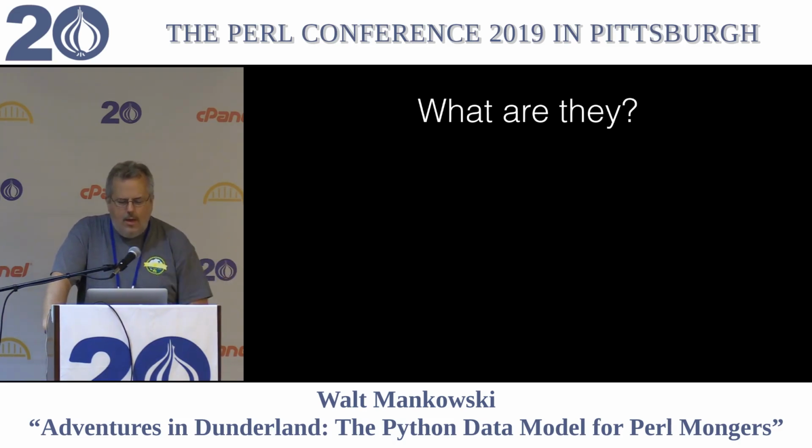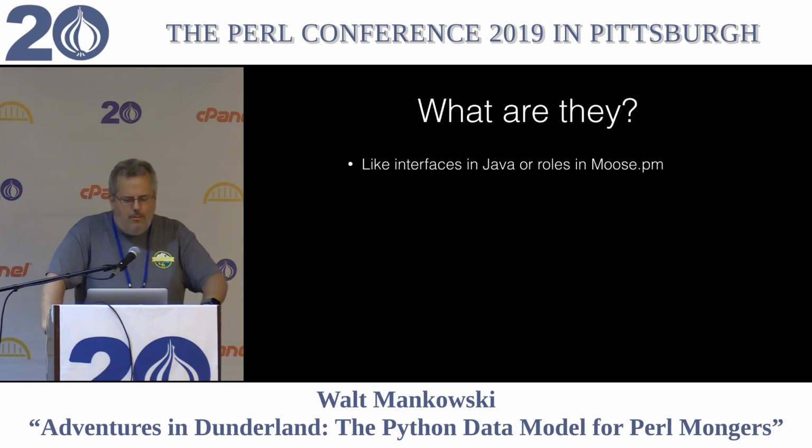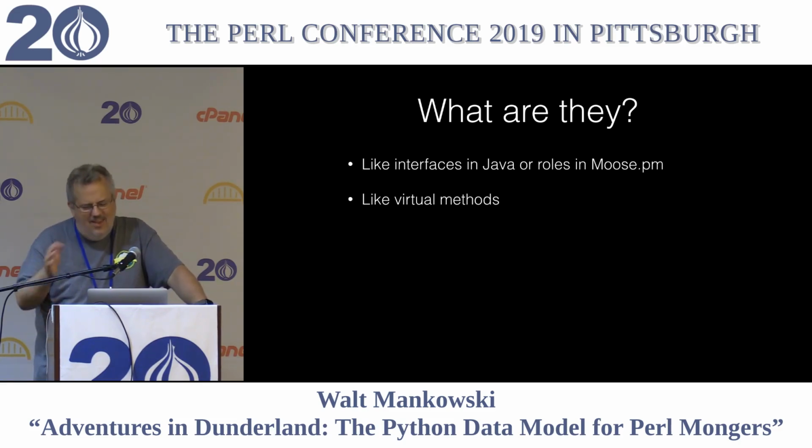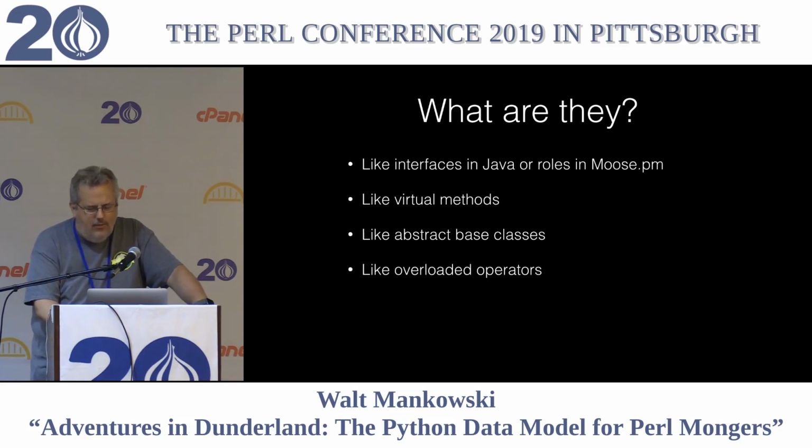So what are they? They're sort of odd. They're like their own beasts. They're a bit like the way interfaces work in Java or roles work in Moose. They're also kind of like virtual methods in C++, or abstract base classes, or sometimes a little bit like overloaded operators.